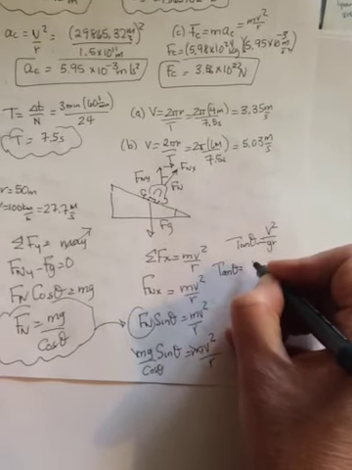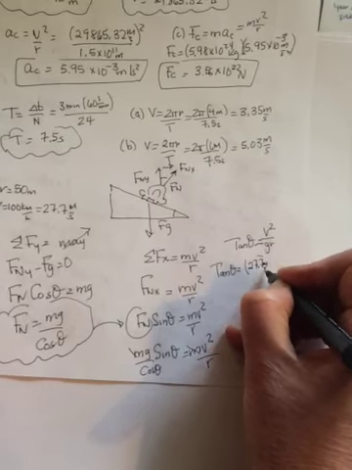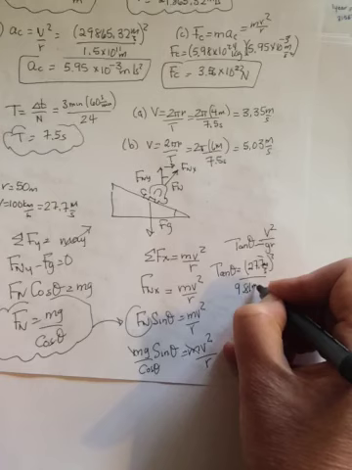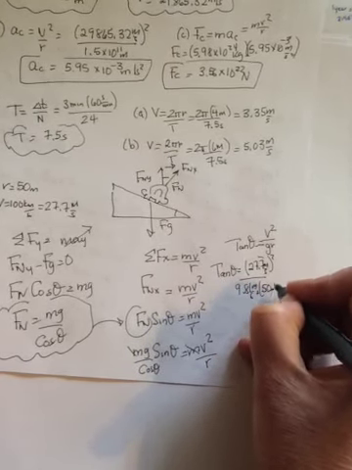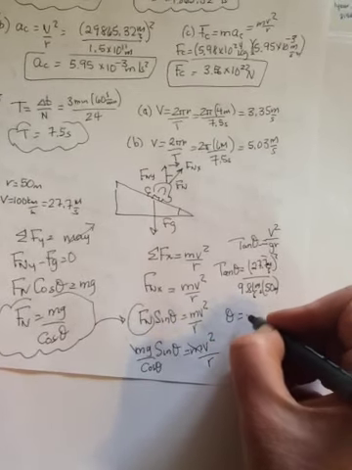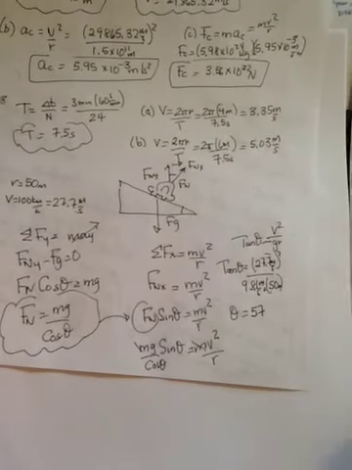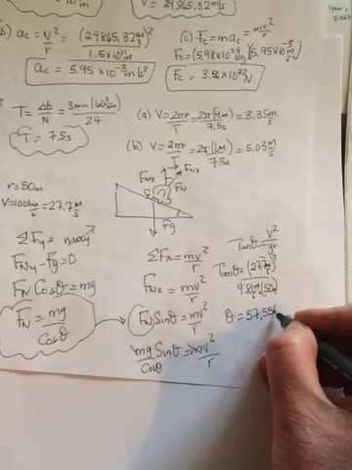Tan theta equals 27.7 repeating, and you're squaring that over 9.81 meters per second squared, and the radius was 50 meters. Take the inverse tan of both sides, and you should get 57.556. It's probably 5 repeating degrees.